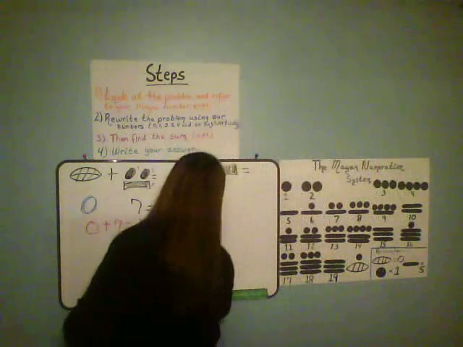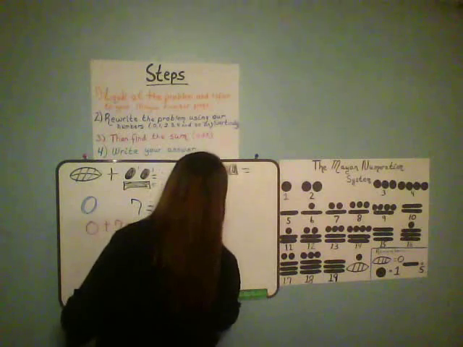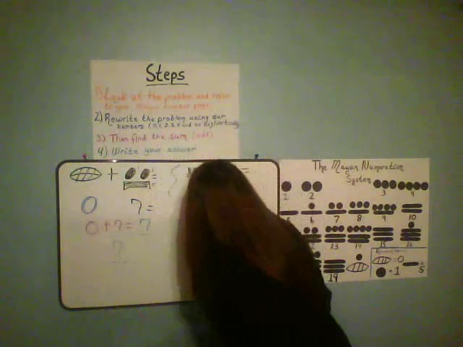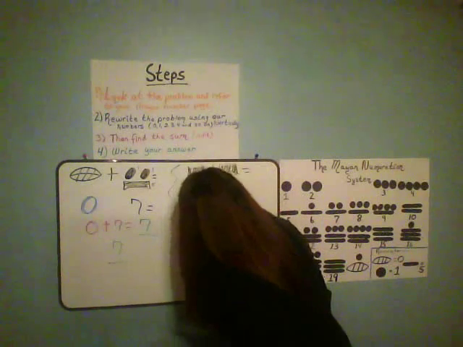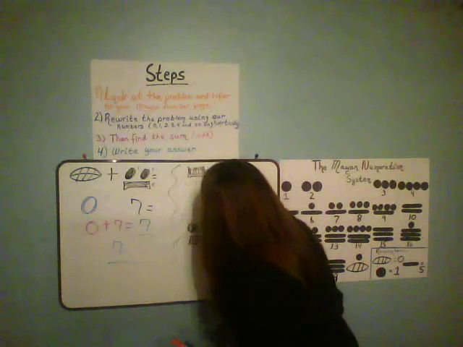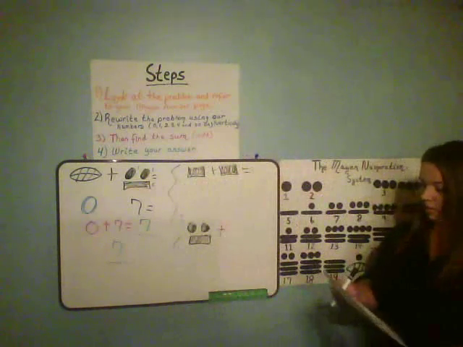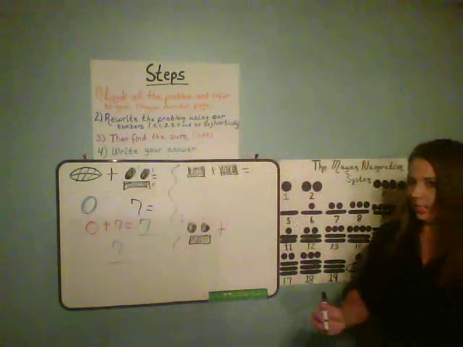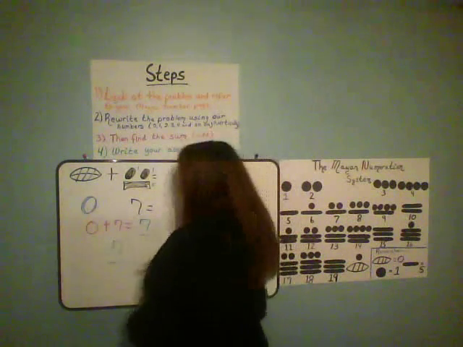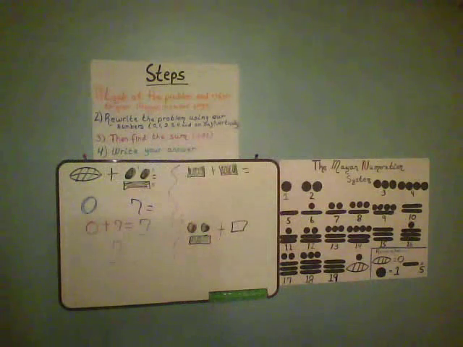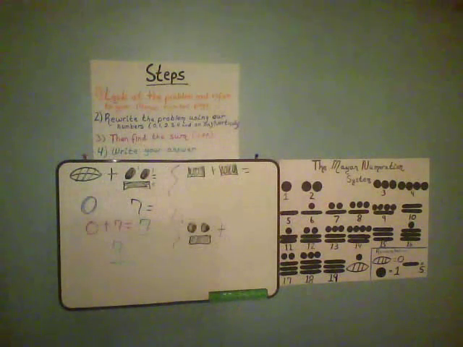And then our second practice one is a circle and a circle and a bar, two rocks and a stick, plus two rocks and a stick, plus, that looks more like a square, right? We don't want squares.